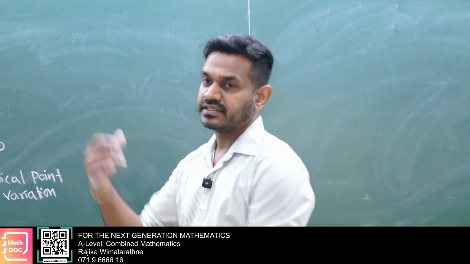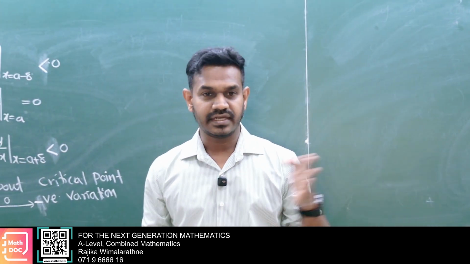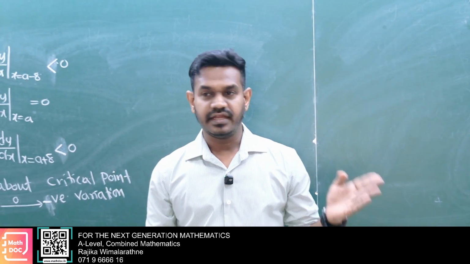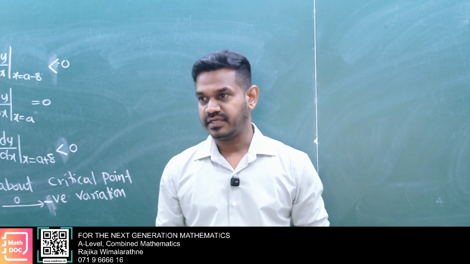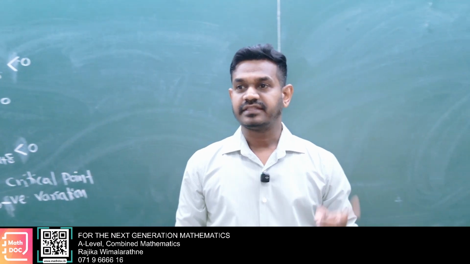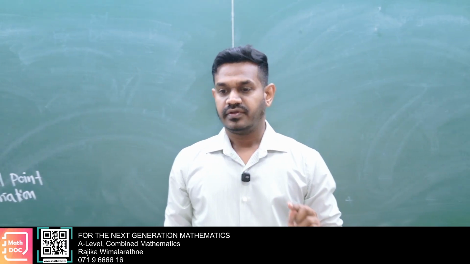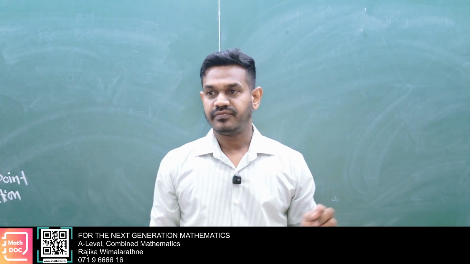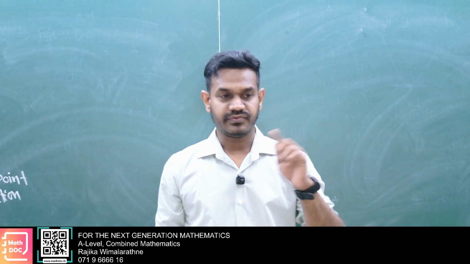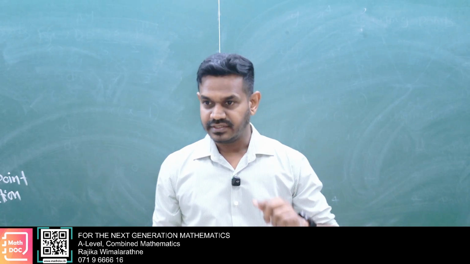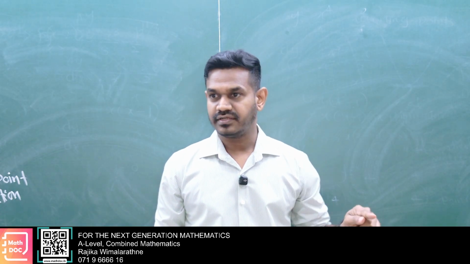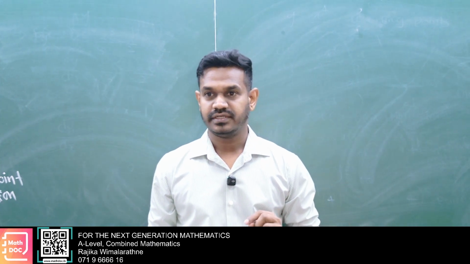Then by considering the sign of dy over dx about that critical point, we can identify what that point is. Okay, we have to check the sign. That's it. Very simple thing. So now, when identifying a critical point, first you have to differentiate, then factorize, then equate to 0, then solve, then obtain critical values.